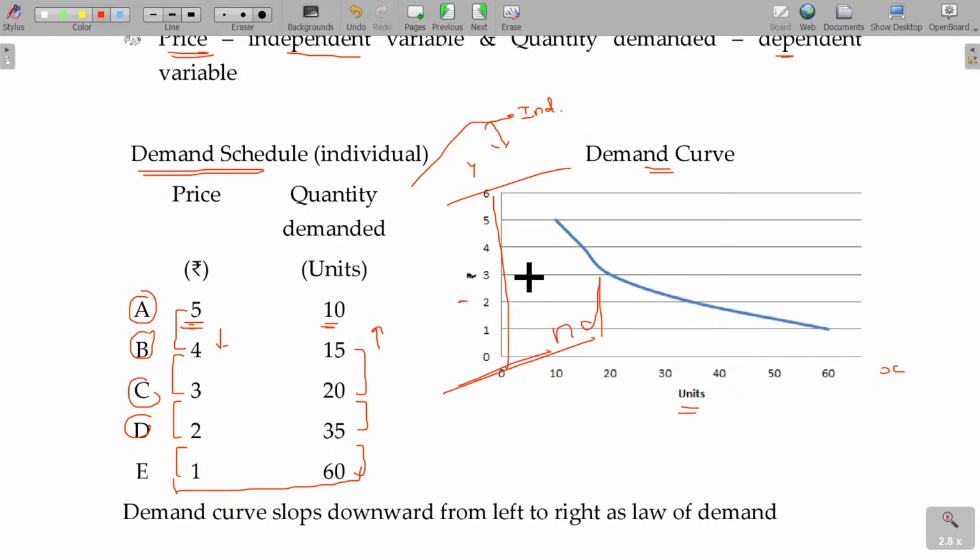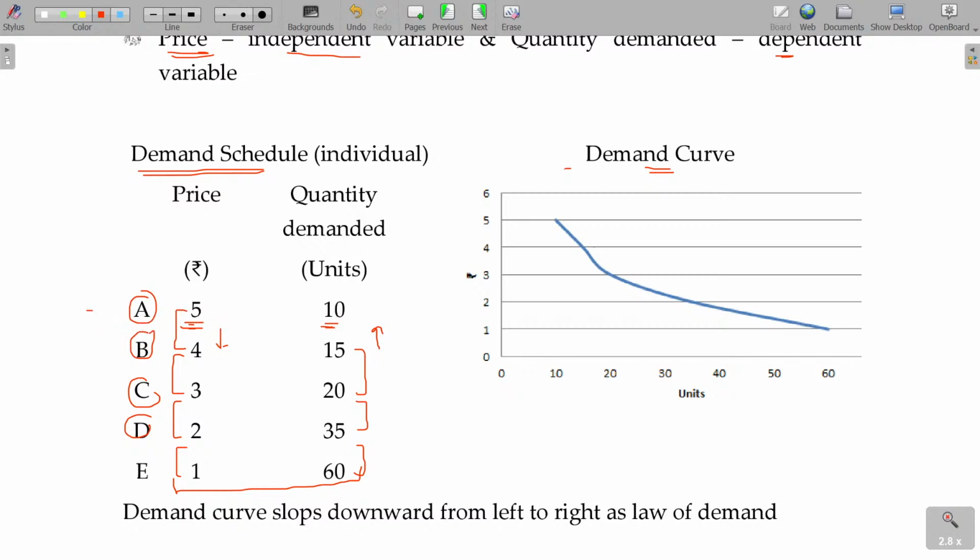You can easily link that the y axis, having the vertical line, is like the letter I for independent variable. So if it is out of your memory, you can easily guess that the I column means the y axis should be for the independent factor. In the demand schedule, price being the independent factor is in the y axis, and the next one, the dependent one, is on the x axis.